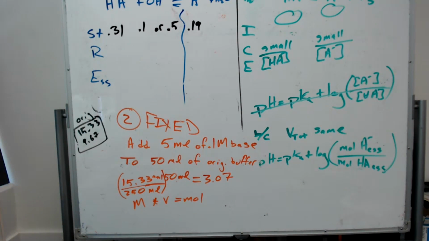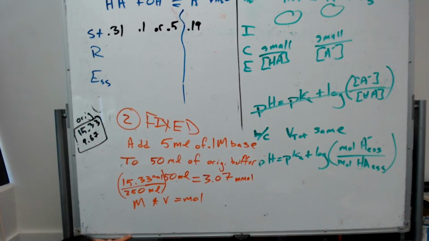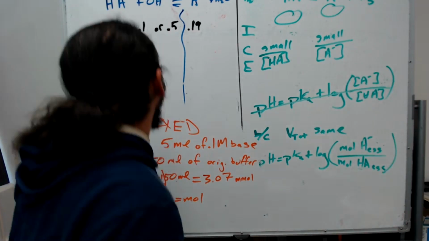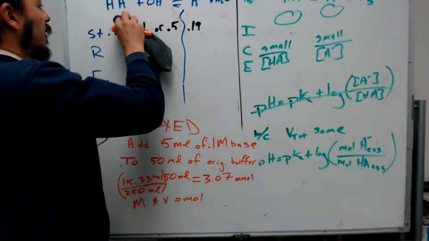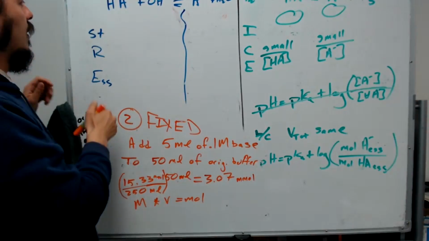I think you've got it in moles. Yeah. Right? So if you're converting your milliliters to liters, you're going to be doing things in moles instead of millimoles. I just get tired of converting milliliters back and forth, so I like to do things in millimoles. So that 3.07 is the value we have here.